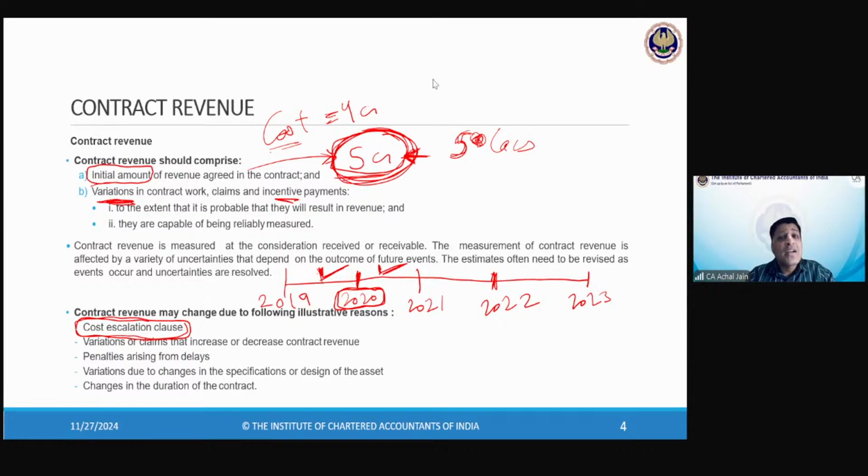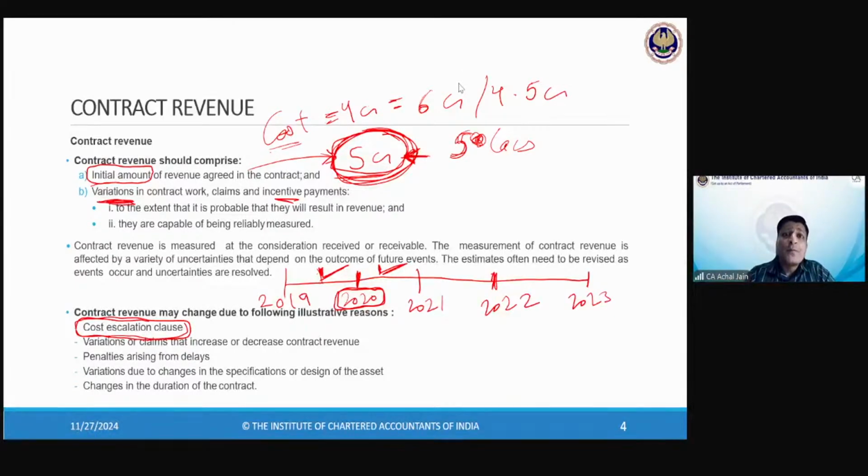Now, the contractor is estimating that his cost will shoot up to 8 crore for the construction to be completed. Because during this period, let's suppose costs have increased significantly, or it may be 4.5 crore. We are not saying it will be significantly high. Let's suppose it's 4.5 crore.